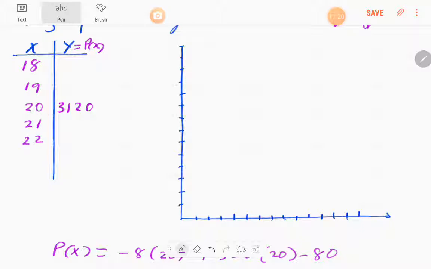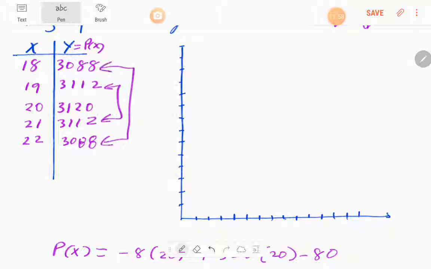Working it out the same way that I worked it out for 20, we'll have values of 3088 and 3112. The parabolas are symmetric, so the y values around the vertex would be the same.